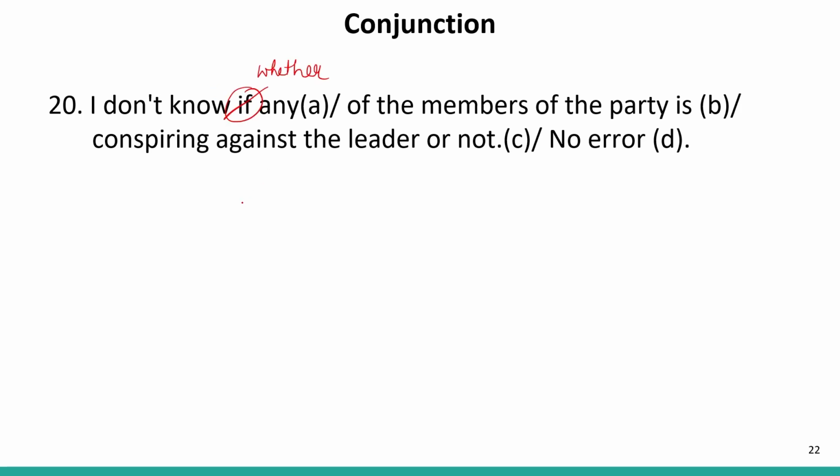So, our answer is A, because A part contains the error, and the correct sentence will be: I don't know whether any of the members of the party is conspiring against the leader or not. So, this whether or not makes the pair.